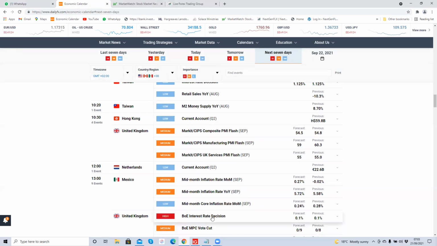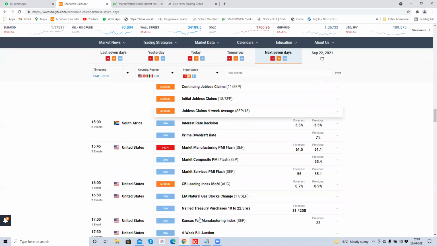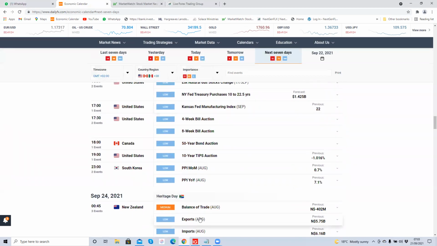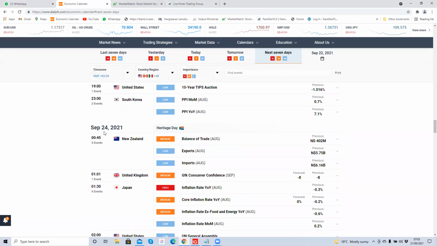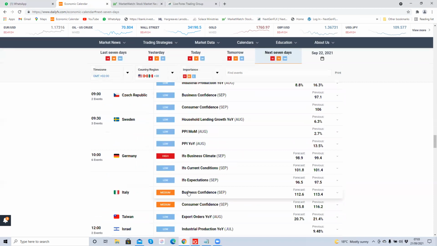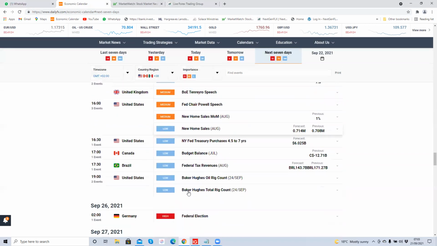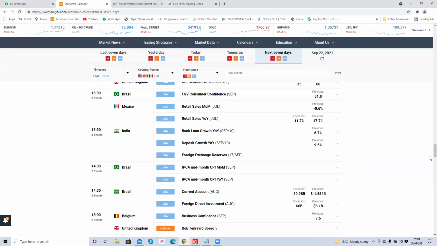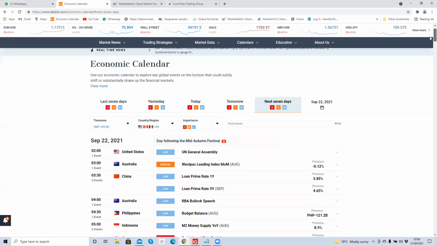And again, the UK being the financial capital of the world, that could have an impact on the global market. And Friday, the 24th, we have the Japan inflation rate, and that's it for the week. So the big one for the week is tomorrow, which is the US Fed interest rate decision.